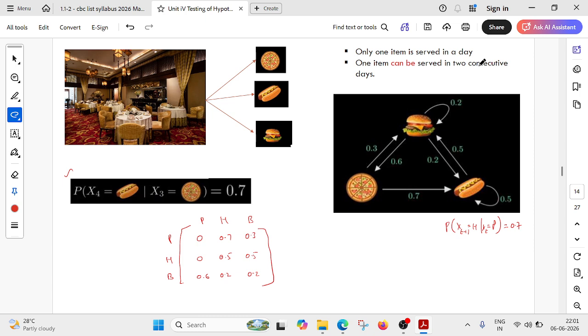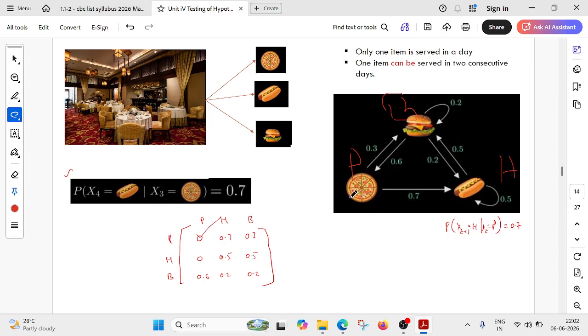Now same: one item is served a day, and an item cannot be served on 2 consecutive days, right? So based on that, suppose P, H, B, that means a pizza, then a burger, then a cake or whatever. Now P to P is there? No, P to P is 0, you kept that, right?